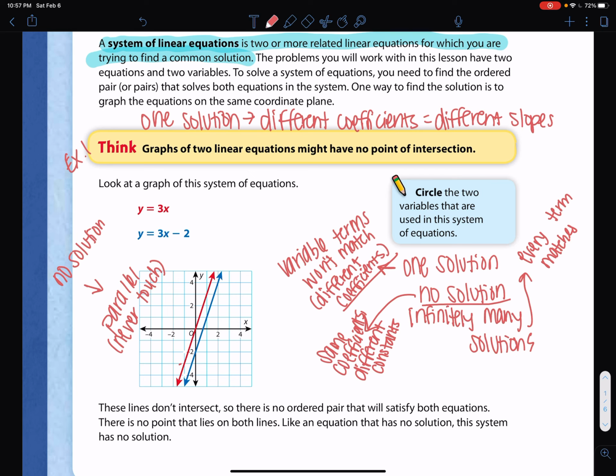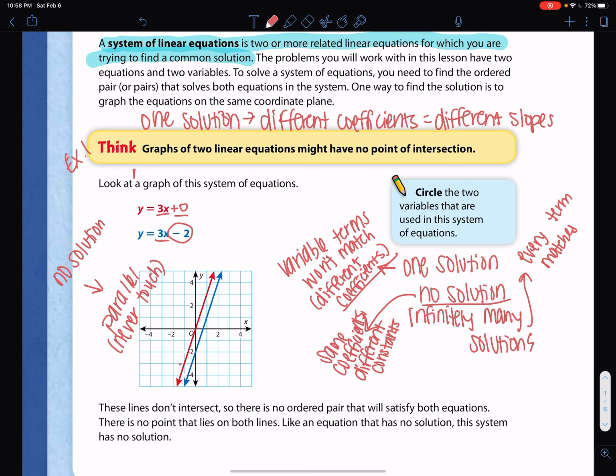So last lesson we learned that no solution means they'll have the same coefficients but different constants. If you look here at these two equations, they both have the same variable term, which was 3x, but their constants are totally different. For this bottom one, of course, the constant is -2. But for the top, there's nothing there, so you can actually just put an invisible 0 there as a placeholder. So they have the same variable terms, the same coefficients, but different constants, they will never touch.